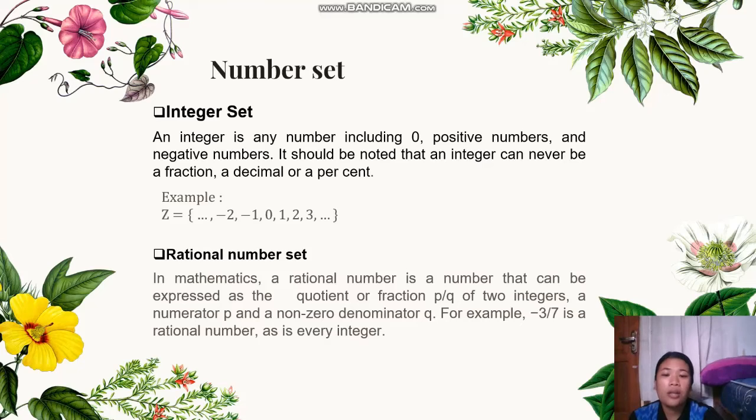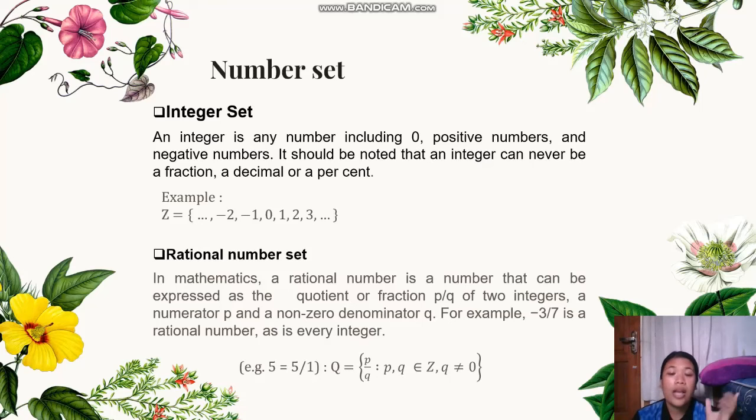The denominator q is not equal to 0. For example, -3/7 is a rational number, as is every integer.